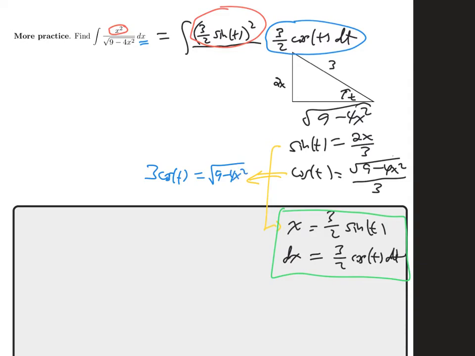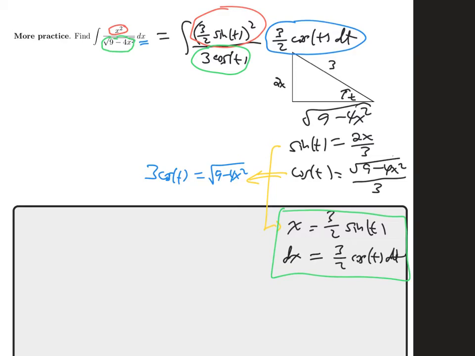So in my substitution, the expression that's in the denominator here becomes this. So I've managed, there are 3 different components of the integrand. There's the numerator, the denominator, and the dx. And I've replaced all of them with expressions in terms of t, all based on this triangle picture.